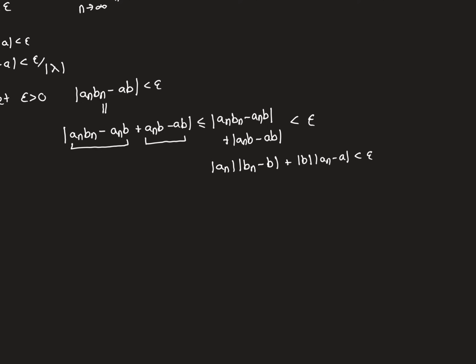And we are trying to make this less than epsilon. We can use the same trick as we did previously, because we know we can make these indefinitely small, as small as we like. So that's looking very hopeful. This is absolutely fine because mod b is just some constant value, so we can take account of that. We're just going to have to make this epsilon over 2 times mod of b.